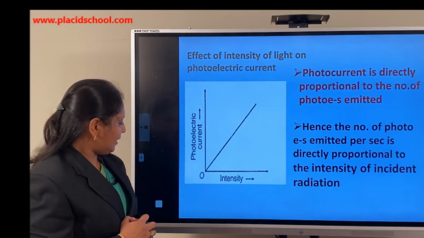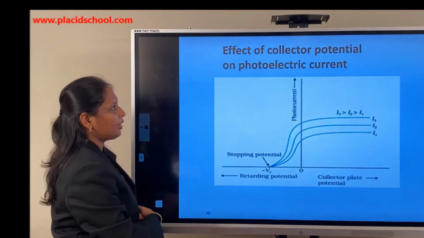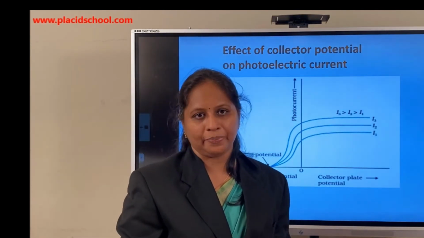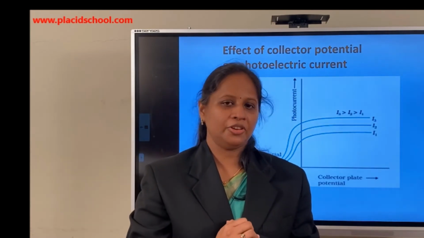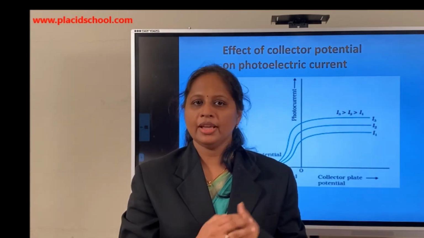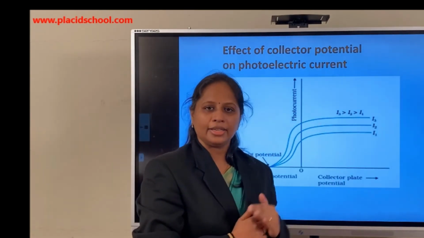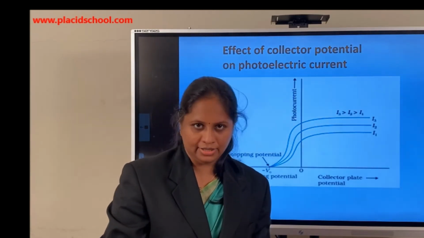Okay, now what is the next factor which we can vary to study the photocurrent? We change the collector potential. Initially, the collector electrode is given a positive potential with respect to the emitter electrode. What we did is we increased the collector plate potential. The positive value of the collector plate potential is increased.